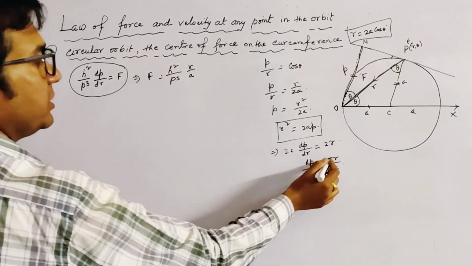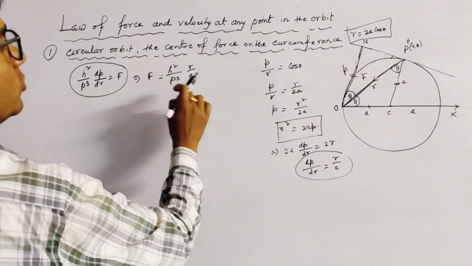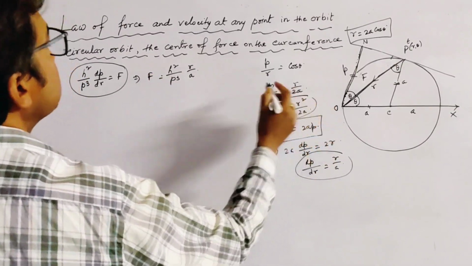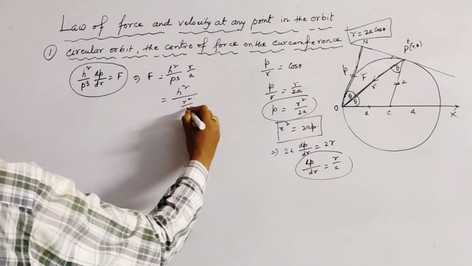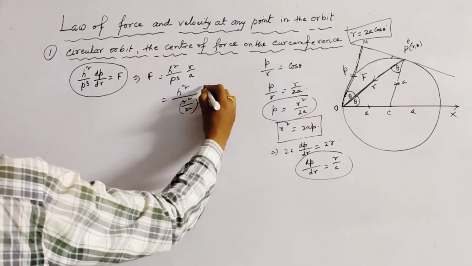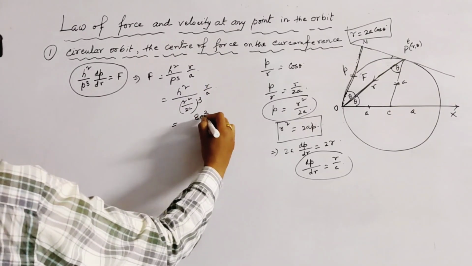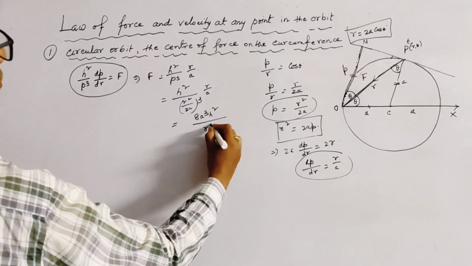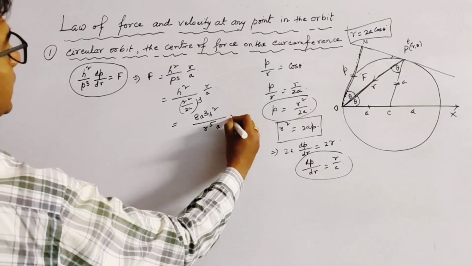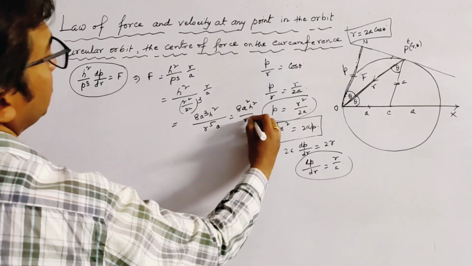This is dp/dr, r by a, and put the value of p. Since p is this, we get h square by (r square by 2a) whole cube into r by a, and this is 8a cube h square by r to the power 5 into a, this is 8a square h square by r to the power 5.